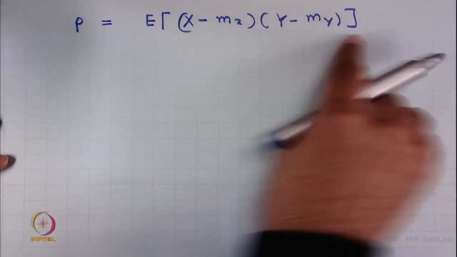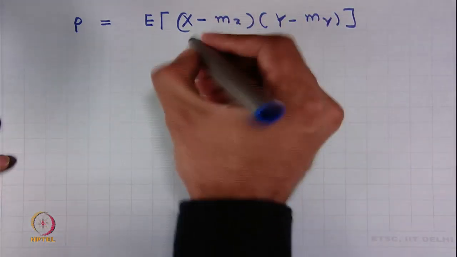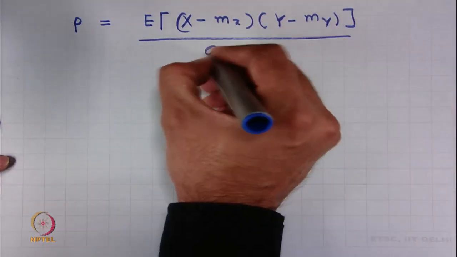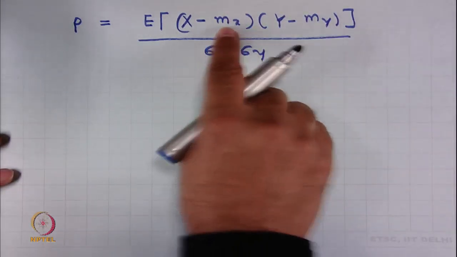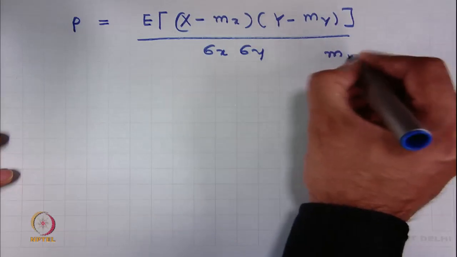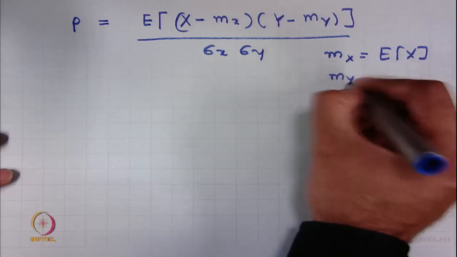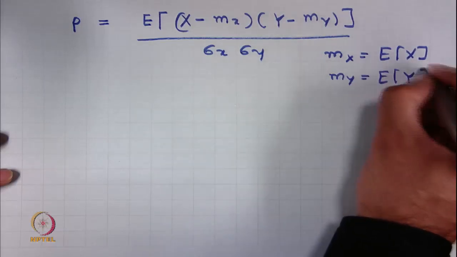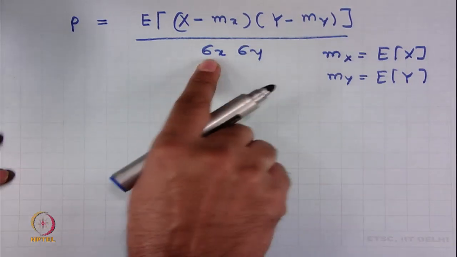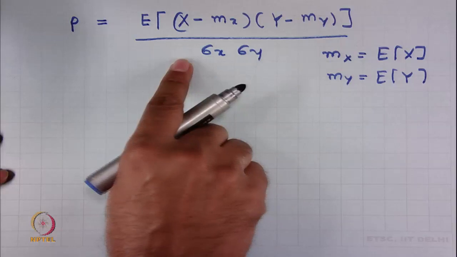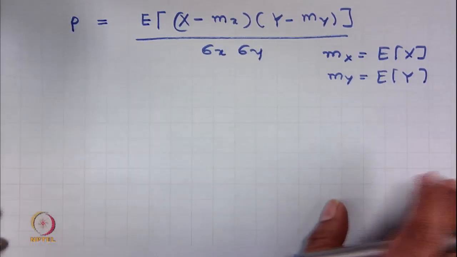So, by definition, this is the covariance of random variables x and y, and then we have in the denominator sigma x and sigma y. Remember, I have already introduced this notation of mx and my. mx is nothing but the expected value of random variable x, and my is the expected value of random variable y. So, we have divided the covariance with their standard deviations. Square root of variance is also known as the standard deviation of the random variable.